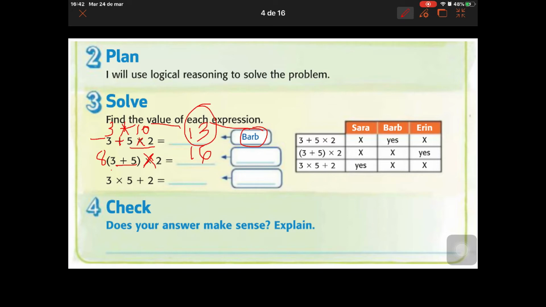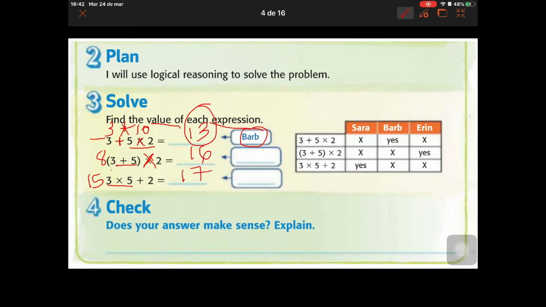In this one, we have 3 times 5 plus 2. We have first over here a multiplication. Remember that we have to do first the multiplication and divisions, and then the subtractions and additions. So we have 3 times 5 equals 15 plus 2. 15 plus 2 equals 17, right?